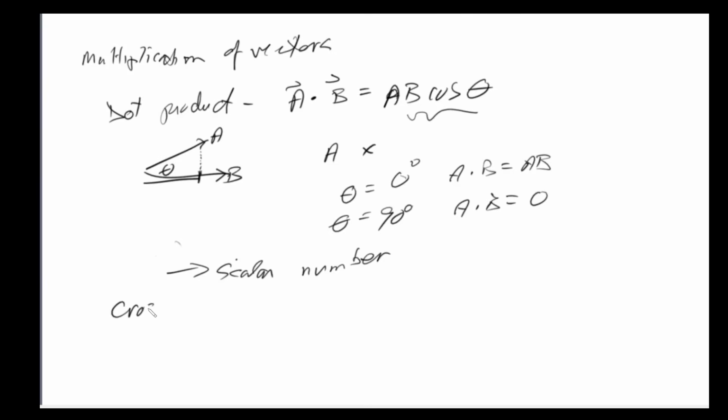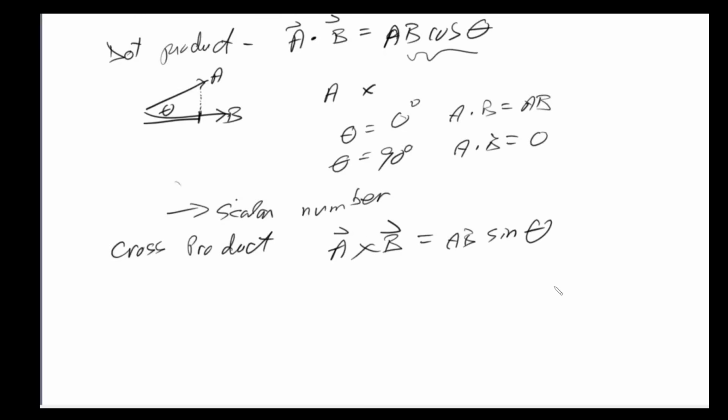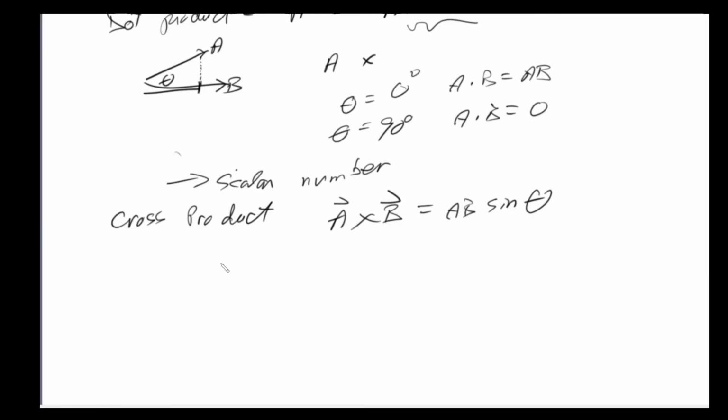So let's look at the cross product of a vector. And we're talking about A cross B. And that is actually equal to AB times the sine of theta. And this does give a vector.